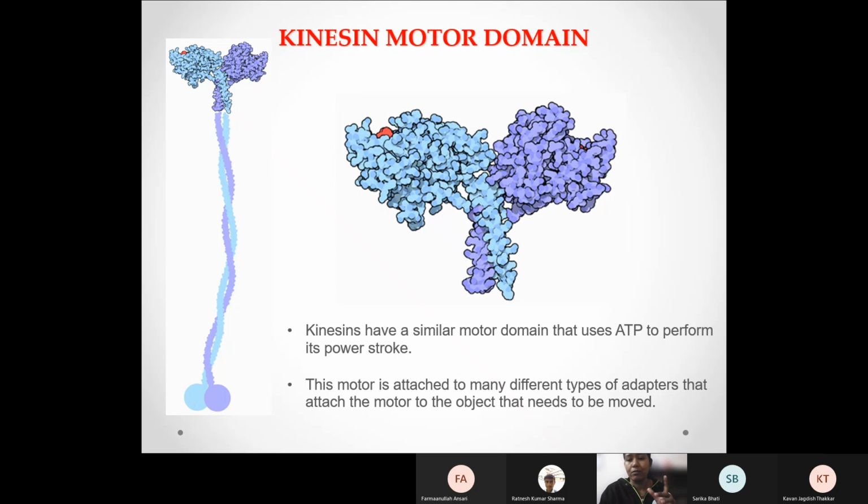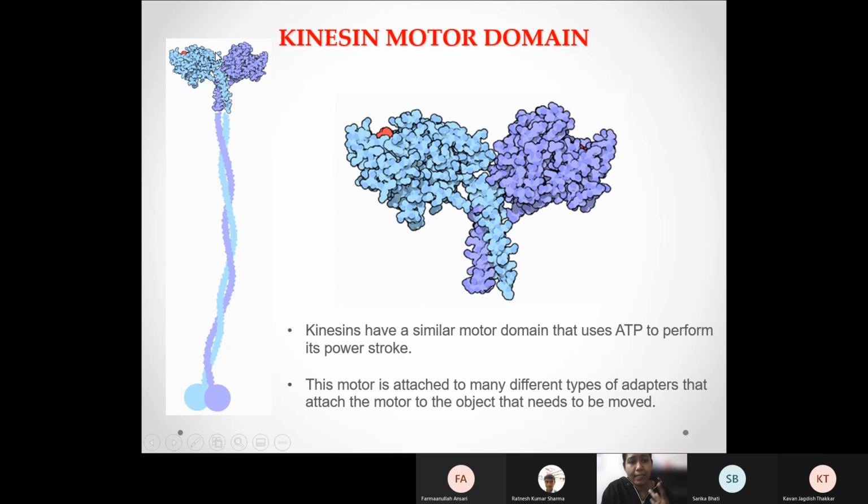Unlike tubulins, which are dimeric, you have alpha beta tubulin dimers, which are the basic repeat units. Unlike them, kinesins are not always dimeric. They could also be monomeric. But many of these conventional kinesins actually work as dimers. And they could even multimerize.